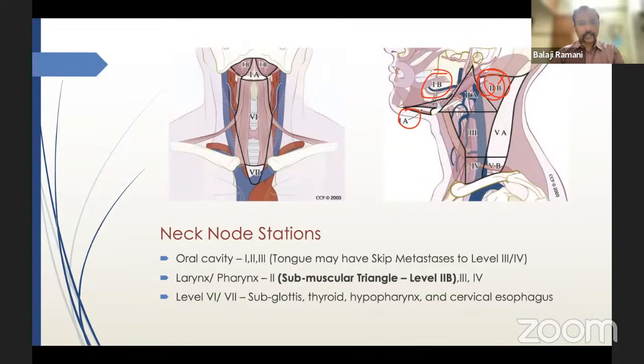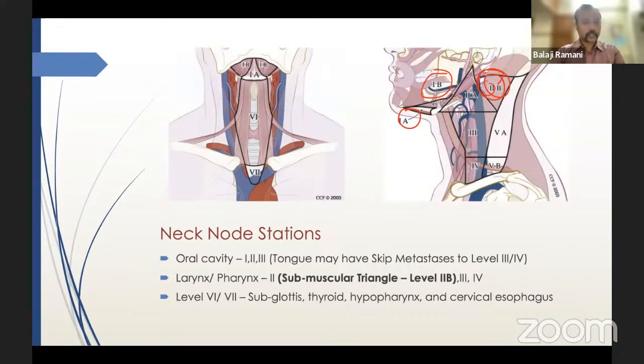Okay. And other than that, whenever you have your RP nodes in your nasopharynx, specifically, RP nodes will be grouped as your N1 nodes. And whenever you have a node beyond, caudal to the cricoid, that will come as an N3 node. So whenever you have a supraclavicular node, that will come under N3 as far as the nasopharynx is concerned.